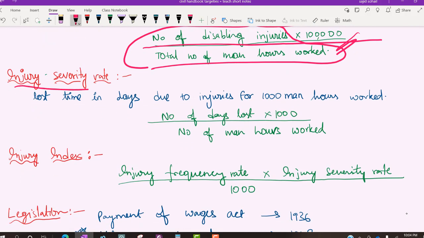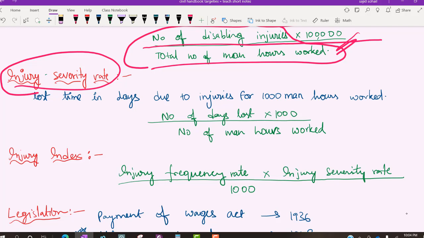Next is injury severity rate. See how to find whether something is severe. देखना, अगर आपको लाइट बुखार आई है, in one day you will be okay, right? Agreed or not? If you got some serious बुखार, you might be needing 3 days, 4 days like that to recover. So severity कैसे पता चलेगा? The time delay will give you the severity.